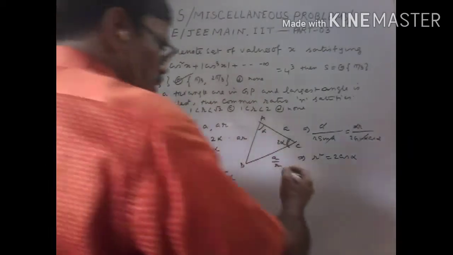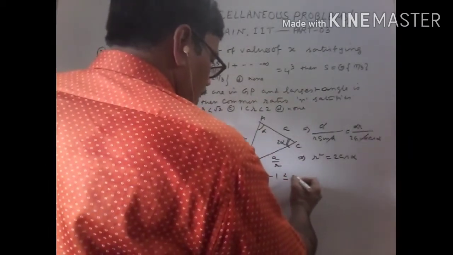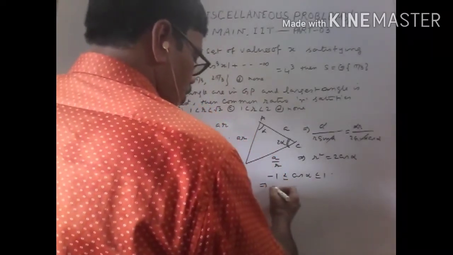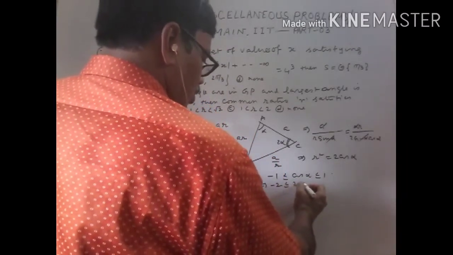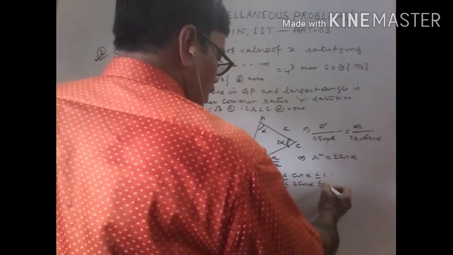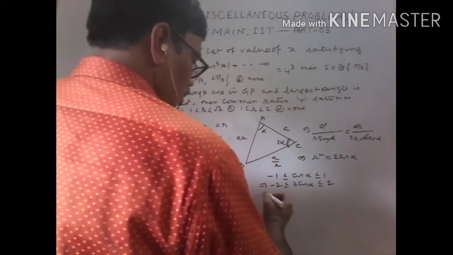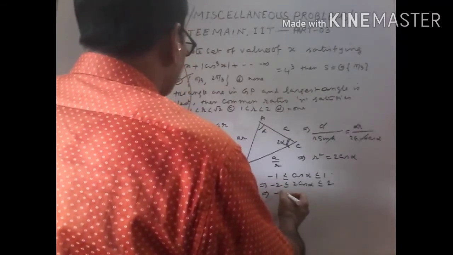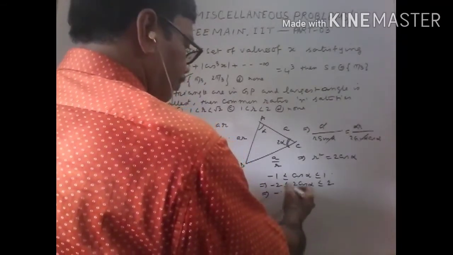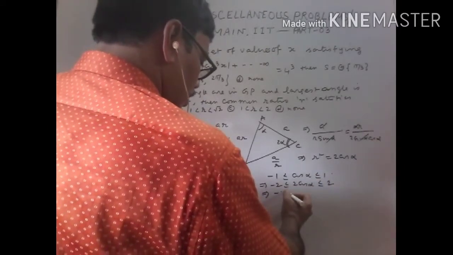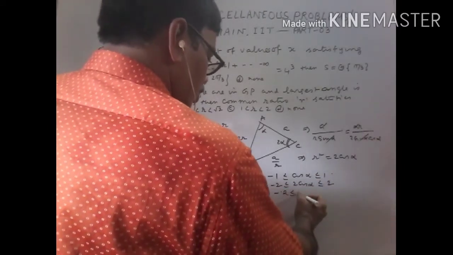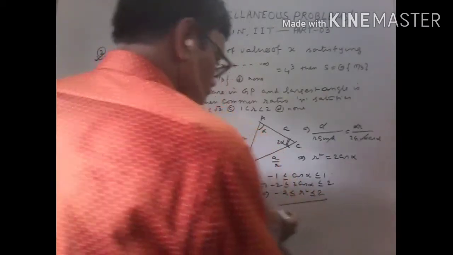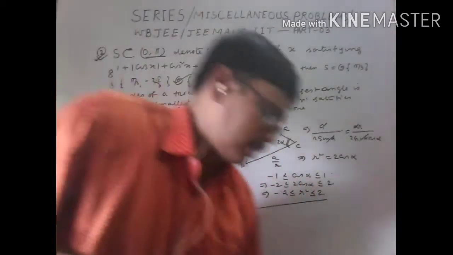Now we know minus 1 is less than or equal to cos alpha, which is less than or equal to 1. So minus 2 is less than or equal to 2 cos alpha, which is less than or equal to 2. So minus 2 is less than or equal to R square, less than or equal to 2.